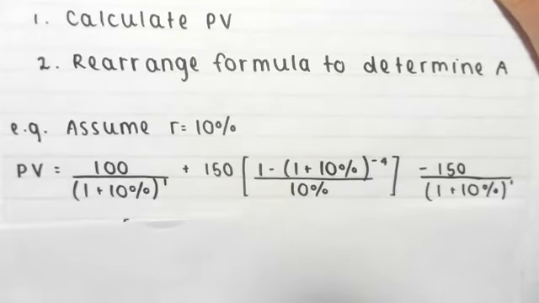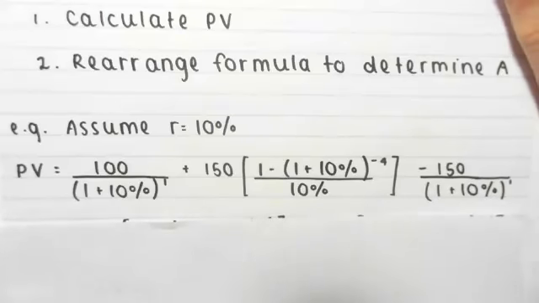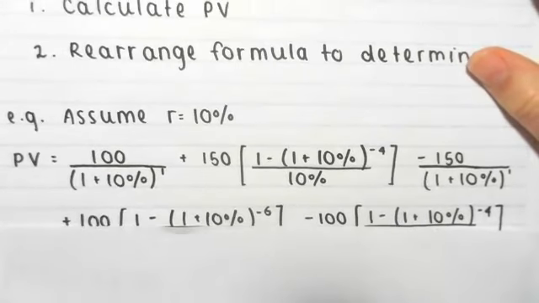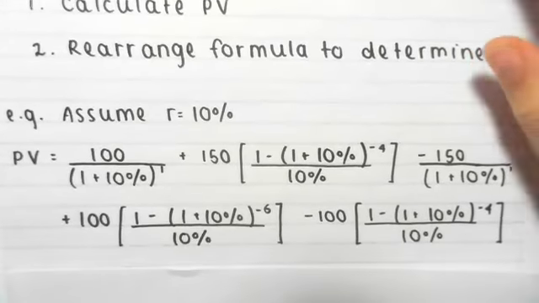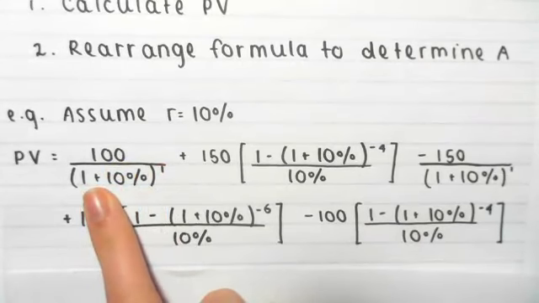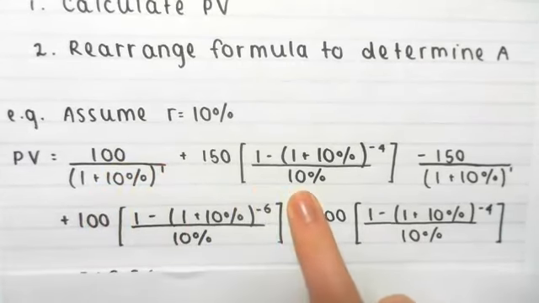And then we've got another deferred annuity up here. So if we go down, I've used the second formula where I do a normal annuity minus another annuity. So we've got here the first $100 brought back 1 period. We've then got the $150 deferred annuity.